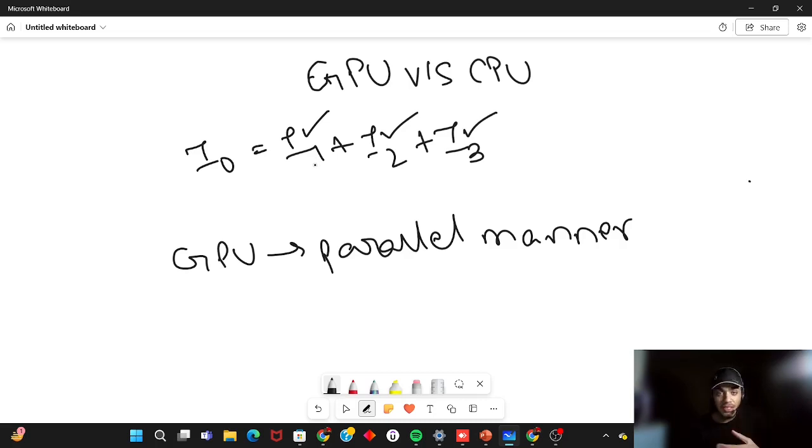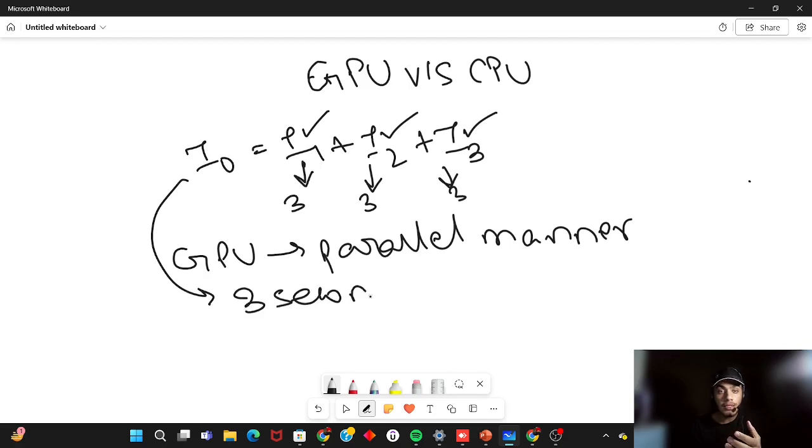So let's say computing the value of I1 on an average took 3 seconds, I2 again took 3 seconds, and I3 again takes 3 seconds. So now the total time period to compute the value of I naught would come out to be 3 seconds only.